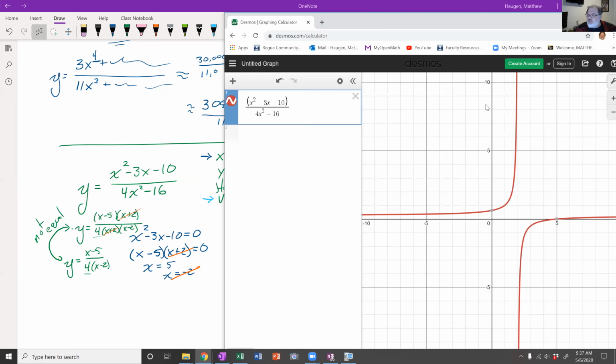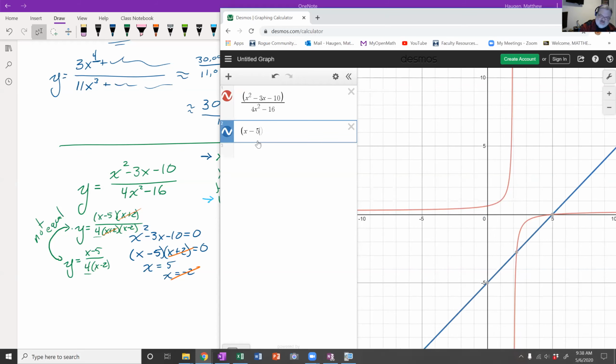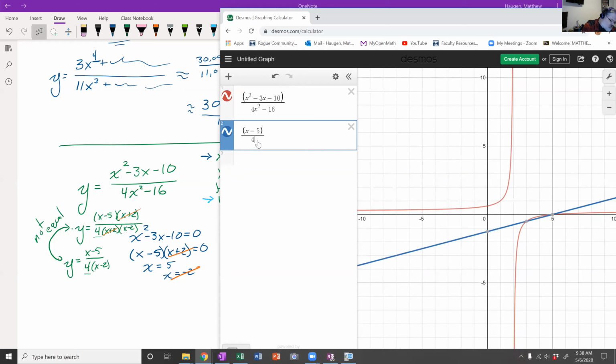Get my chat out of the way. And we want to compare that to the one after we canceled out the x plus 2s. So the numerator is now x minus 5 over, and this is the one that's in blue, 4 times x minus 2.